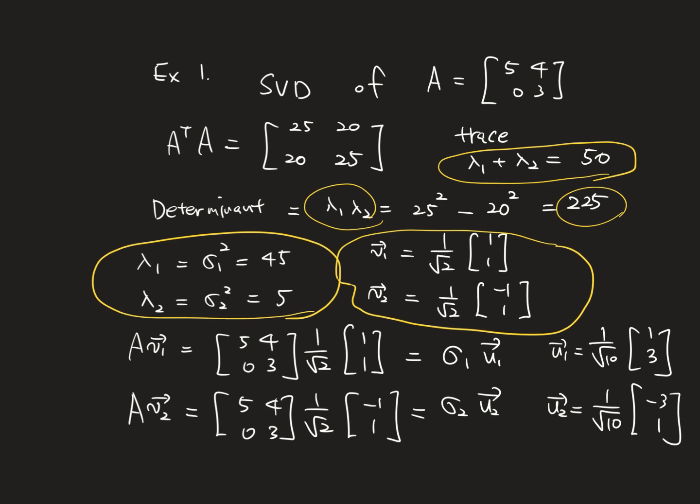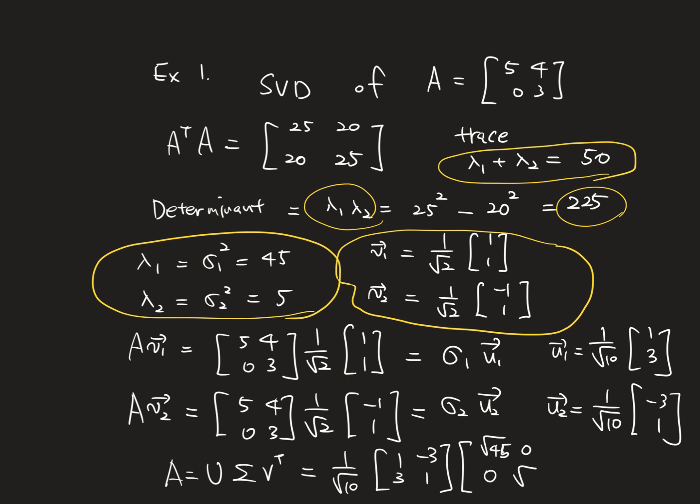So you just write A is U sigma V transpose, and U is 1 over square root 10, 1, 3, minus 3, 1, and the sigma matrix will be square root of 45 and 0, 0 square root of 5.